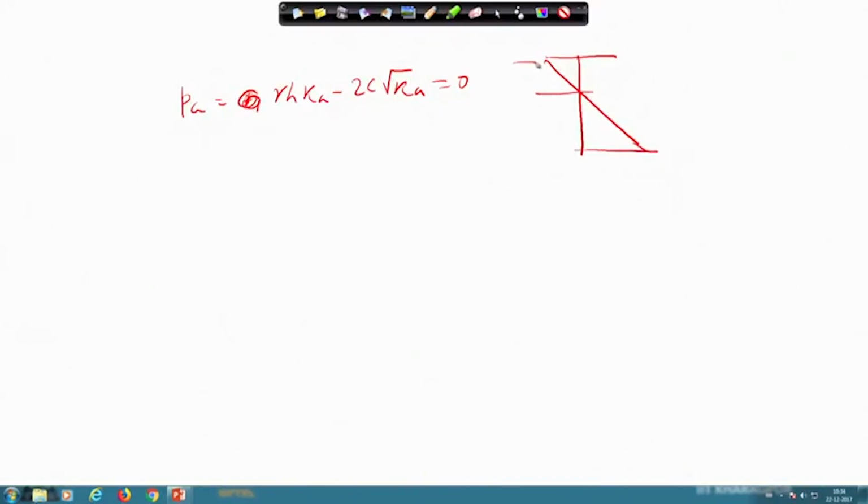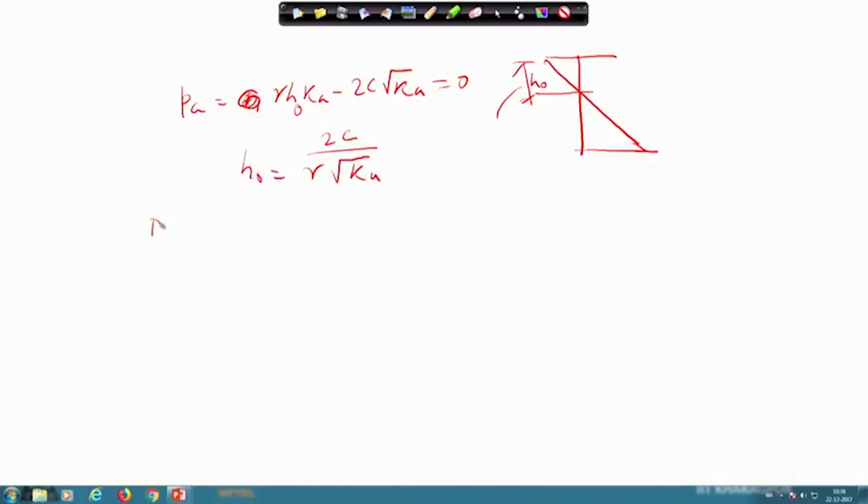I find a depth at which the pressure is 0, called H naught. If I set it to 0, then H naught will be 2 C by gamma root Ka.